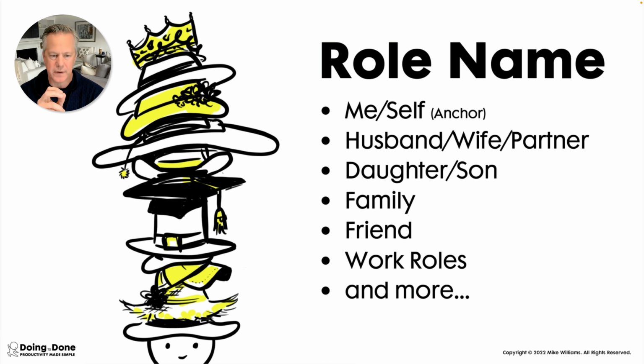If you were to define the roles of your life, what might they look like and how would you name them? And you can look at your brain sweep list and say, what's the origin story of that stuff? Where did that come from? You can look at your current setup in OmniFocus and say, where did this come from?